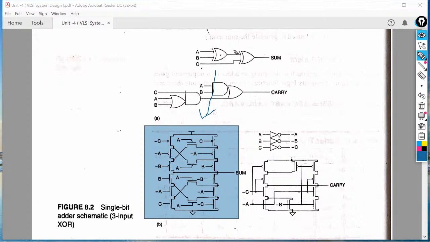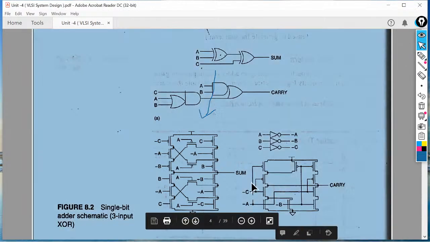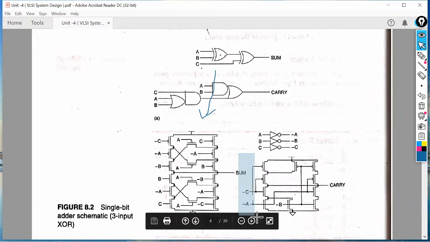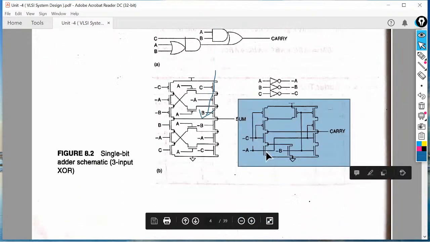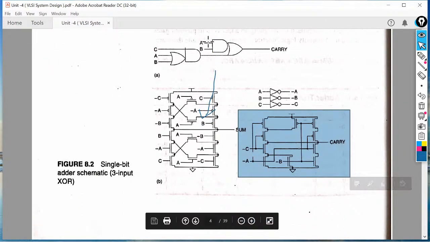This circuitry is the representation of the sum equation. And this later circuitry is the representation of the carry function. Okay.